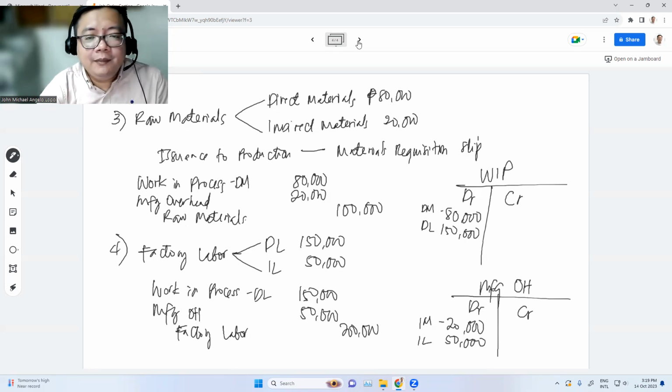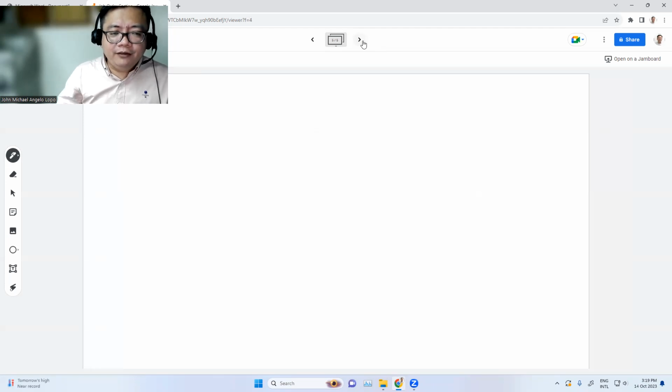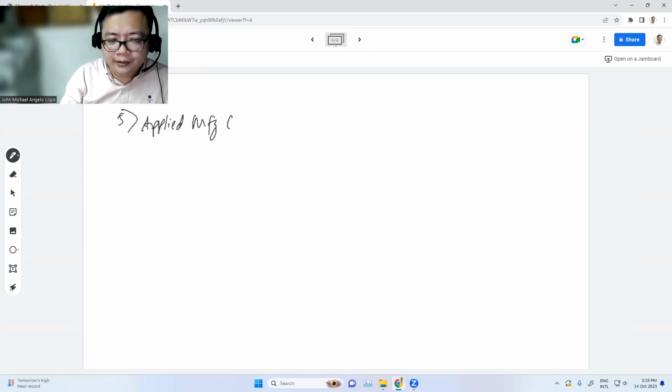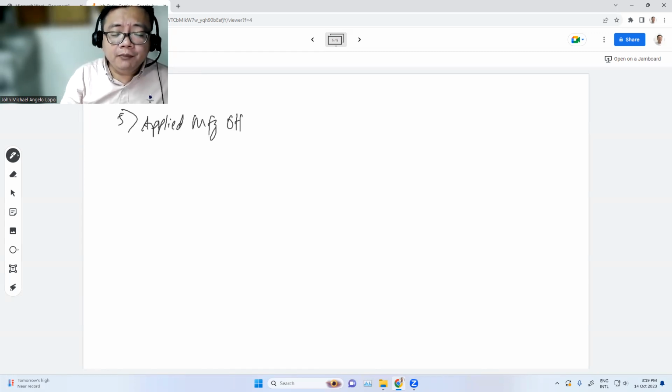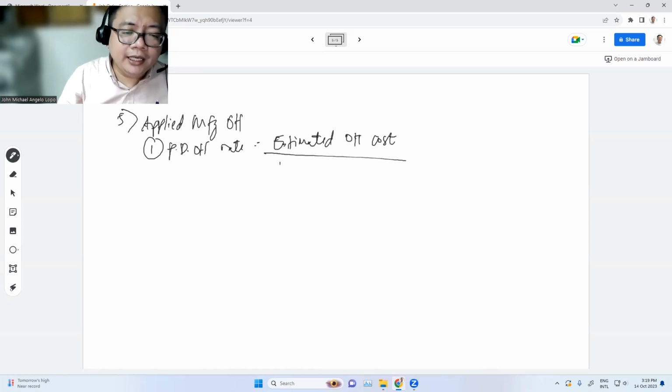Number 5 na tayo, class: the applied manufacturing overhead. As discussed a while ago, in computing the applied manufacturing overhead, first we compute our predetermined overhead rate. That's your estimated overhead cost divided by our estimated cost driver.